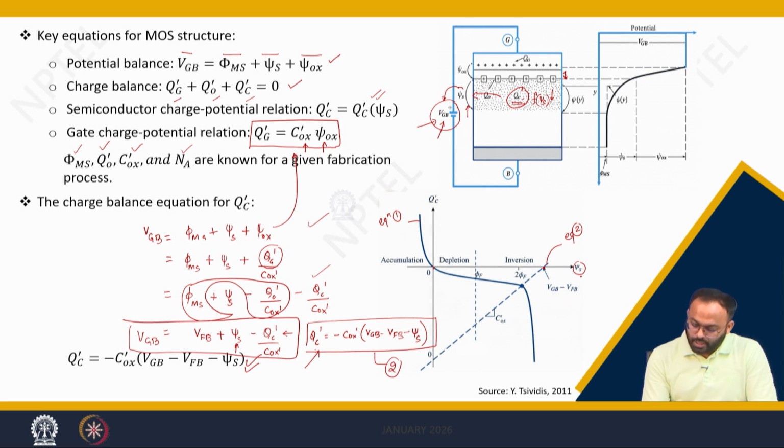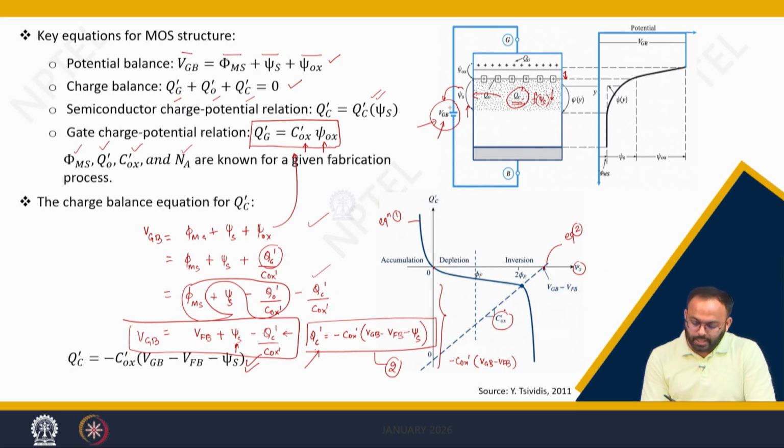Similarly, if your psi s is equal to 0, there is some value of channel charge present, which is given by minus of COX dash into VGB minus V flat band voltage. The slope of this line is nothing but COX dash, the gate oxide capacitance.